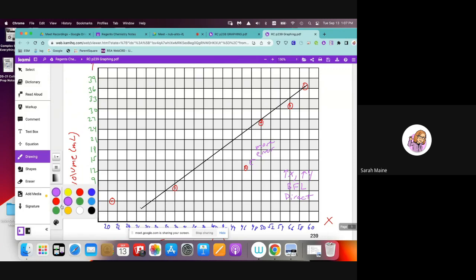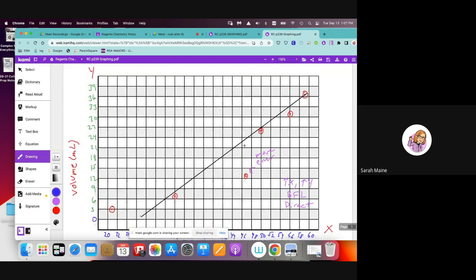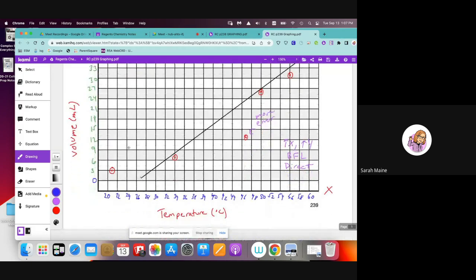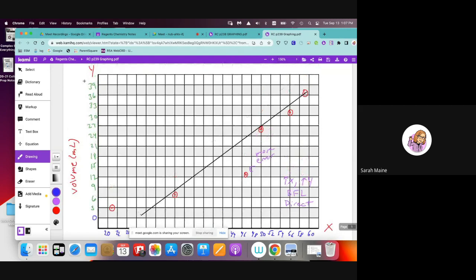Now, the last thing we need to do here is to write a title. We're going to keep it simple. So I'm going to take a look at what is happening with my independent variable, the temperature. So when I look left to right, I'm going to write a sentence.